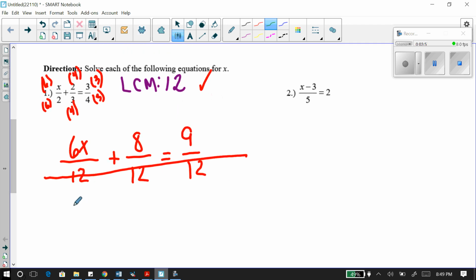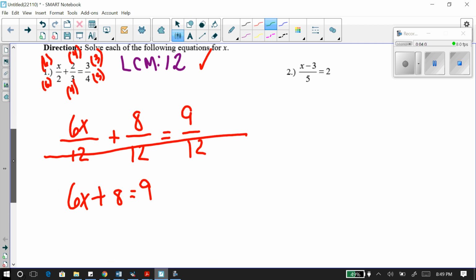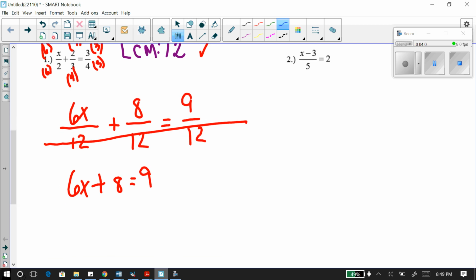And now we are left with 6x plus 8 equals 9. And this is really easy. This is just a 2-step equation. So now we solve. So to get rid of a positive 8, you subtract 8. So now we get 6x equals 1.